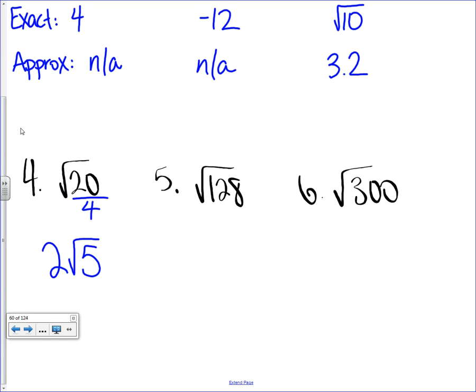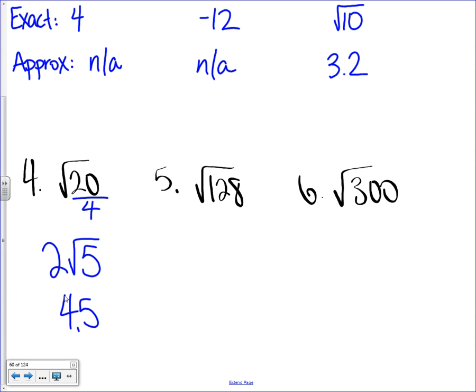It stays underneath. The 4 is what's perfect because the square root of 4 is just 2. Is that okay? And can you guys give me the approximation of this to 1 decimal point? 4.5. Wonderful.